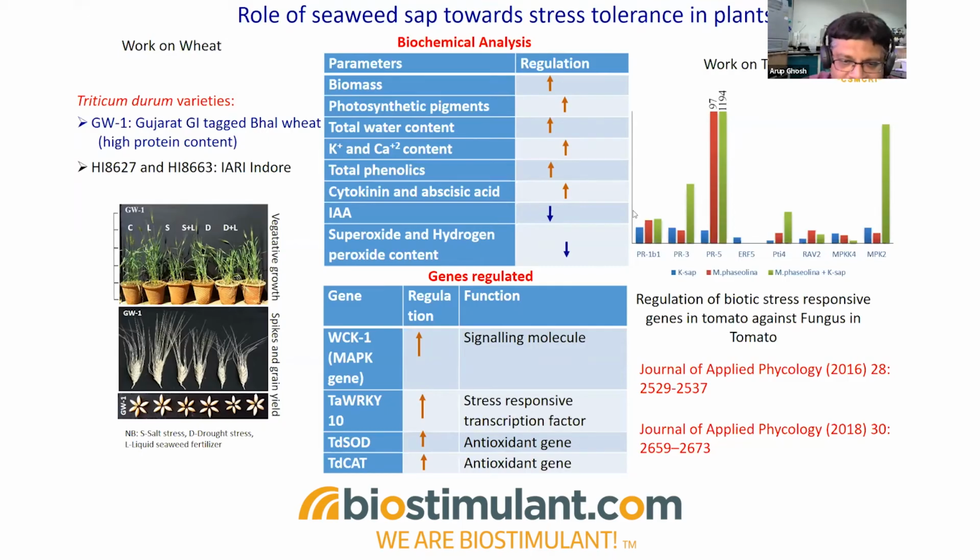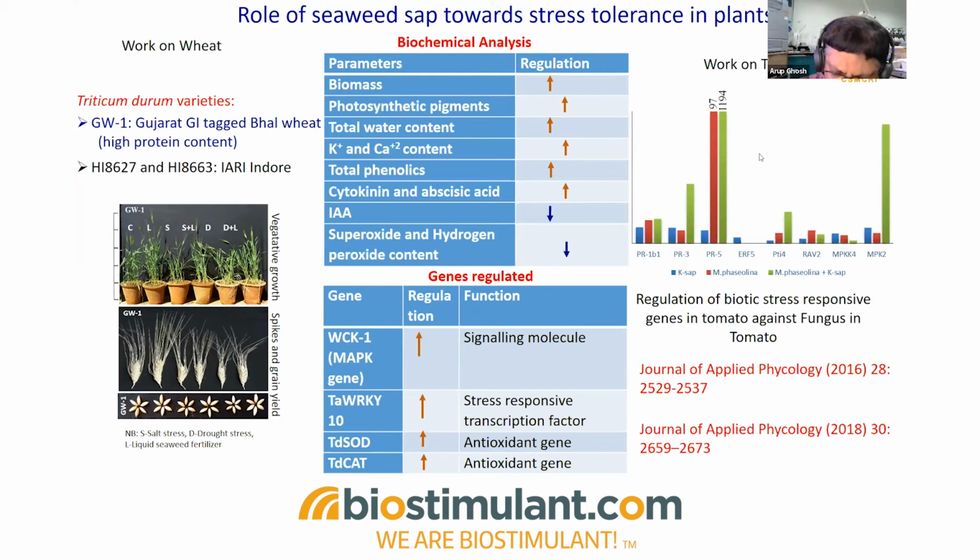There were WRKY genes that were overexpressed. The catalase activity was also high, and SOD activity was also high, and these were also published by the group who did research on this. A very important thing is towards the right, you can see the work on tomato.